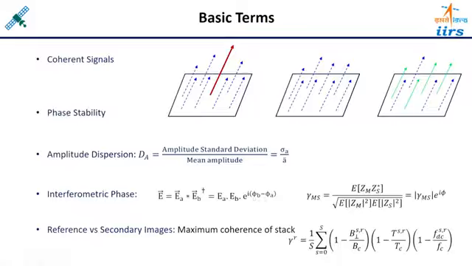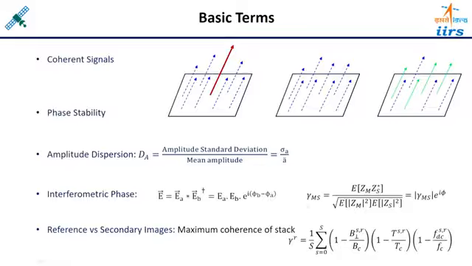So this phase difference, phi B minus phi A, where phi B is the phase of the second signal and phi A is the phase of the first signal, is nothing but the simple phase difference of both the signals. This phi B minus phi A is called the interferometric phase, which generally we can represent as delta phi. So delta phi equal to phi B minus phi A is the interferometric phase, and the graph of this one is called the interferogram.